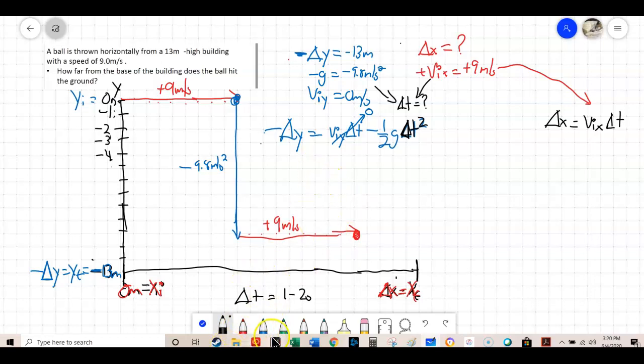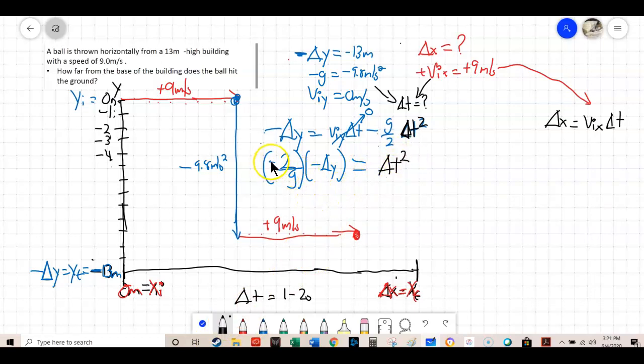So let's go ahead and do it. We need to isolate delta t here, so I'm going to multiply both sides by negative 2 and divide both sides by negative g, so that'll be 2 divided by g. If I rewrite this, it's actually negative g divided by 2, and that's negative delta y, and that's equal to delta t squared.